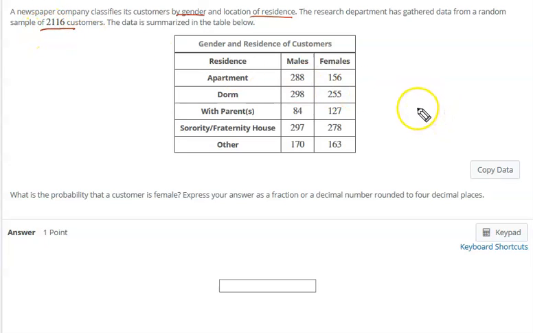So our sample space here, they're giving us a total of 2116. Now, what is the probability that a customer is female? Express your answer as a fraction or a decimal rounded to 4 decimal places.